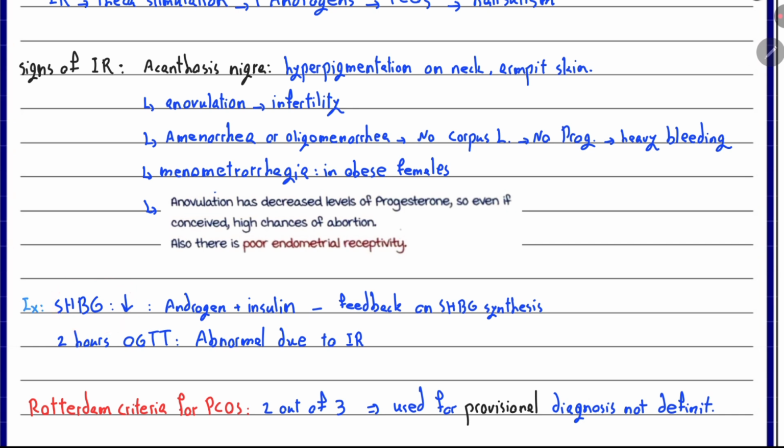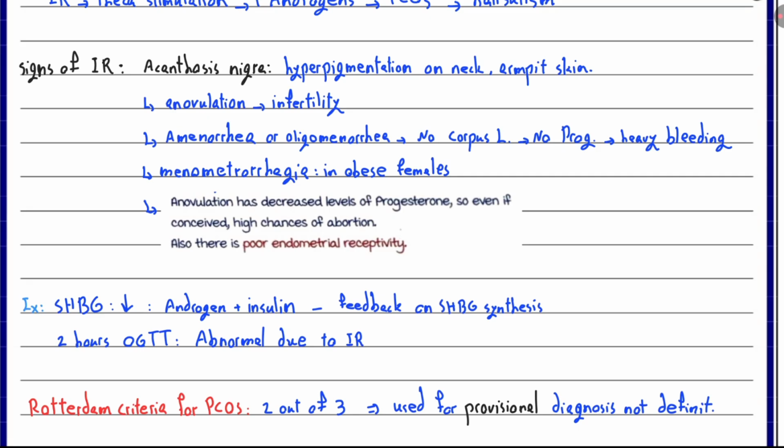Sex hormone binding globulins are proteins that bind to sex hormones in the bloodstream, and that's why when insulin or even androgen is increased, they give negative feedback on SHBG synthesis, and of course we can see low concentration of SHBG.